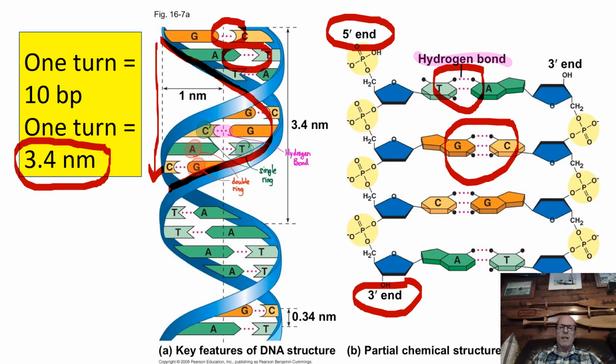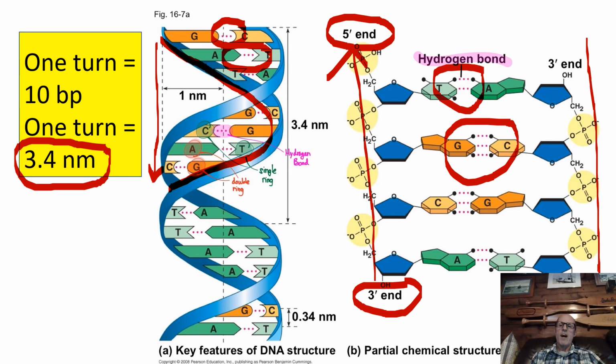When you look at the 3' end of this left portion of the deoxyribose sugar, it runs upwards towards the 5' end, which included the phosphate end of the last sugar on the left side. When you look at the right side of the molecule, ironically, the 3' end starts at the top and works downwards towards the 5' at the bottom.